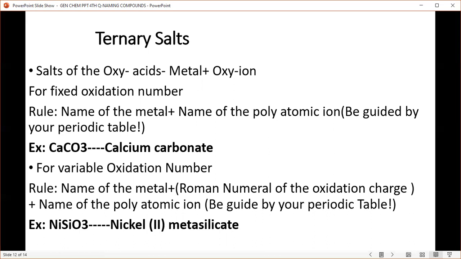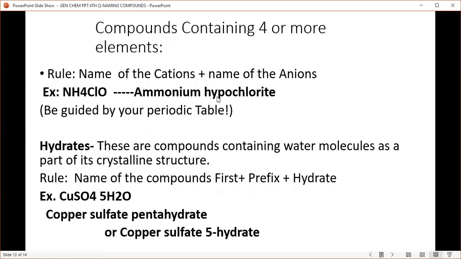Next, we have compounds containing 4 or more elements. These are polyatomic ions or compounds that have been able to interact or combine with each other.